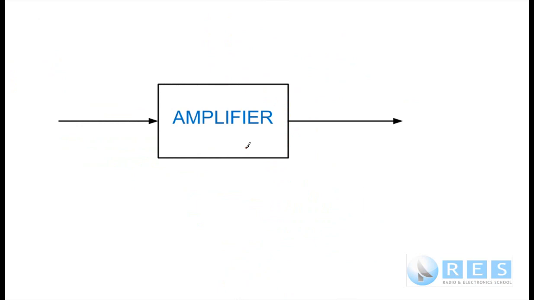There is one other thing a non-linear amplifier can do for us. Last time we just put one signal into the non-linear amplifier, F1, and at the output we had the same signal F1.